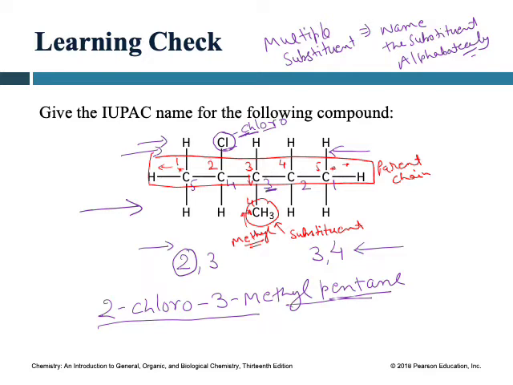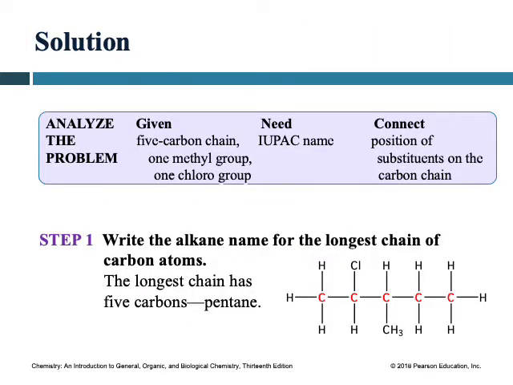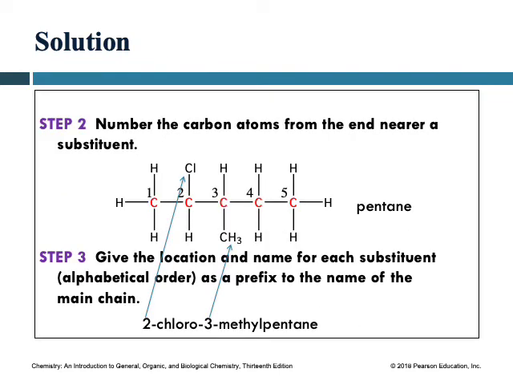Okay. So this is a solution that is already given for you. Everything is explained, I already explained to you how to name the compound, but you can read it from this slide too.